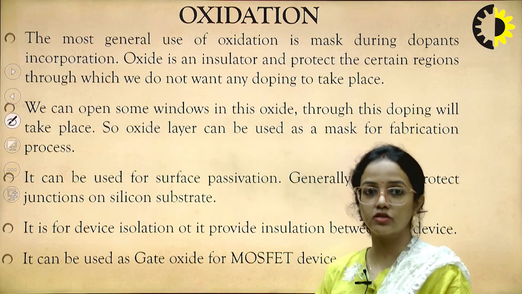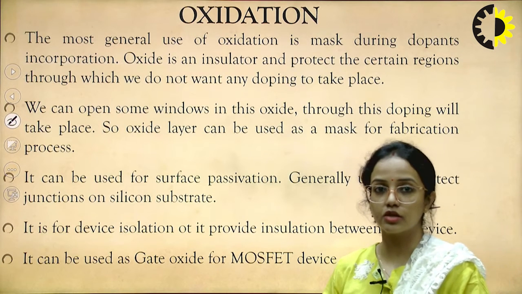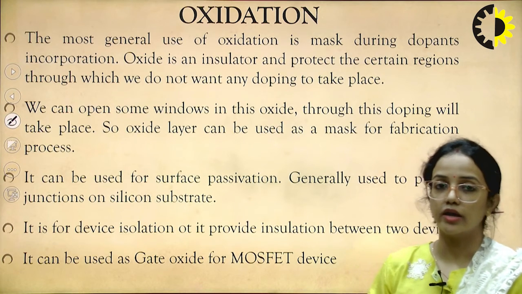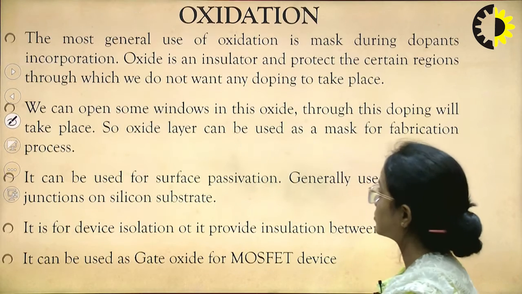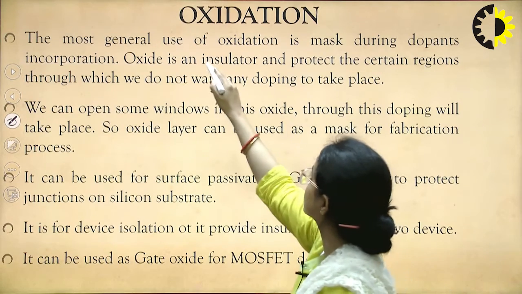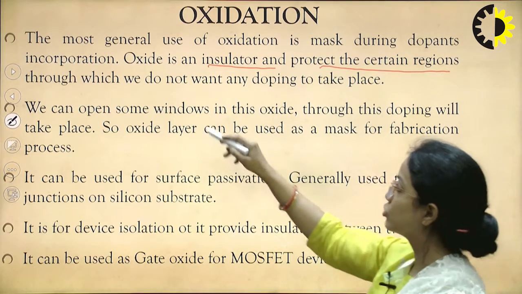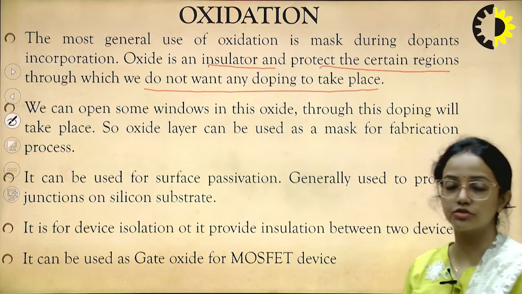So what is oxidation? The most useful and the most general use of oxidation is to mask during the dopant incorporations. The oxide layer acts as an insulator and it protects the certain region through which we do not want any doping or any contamination to take place.